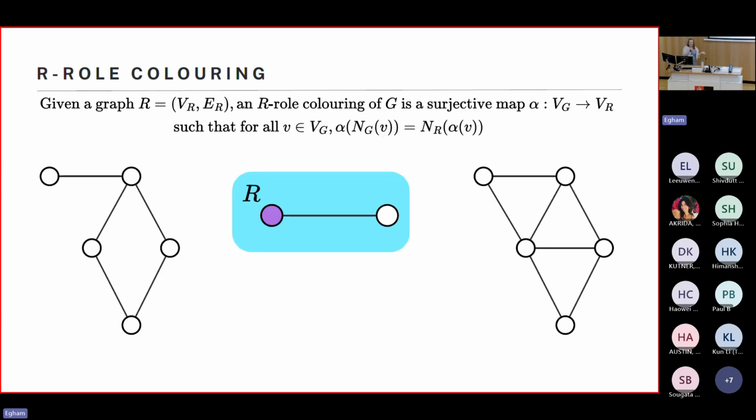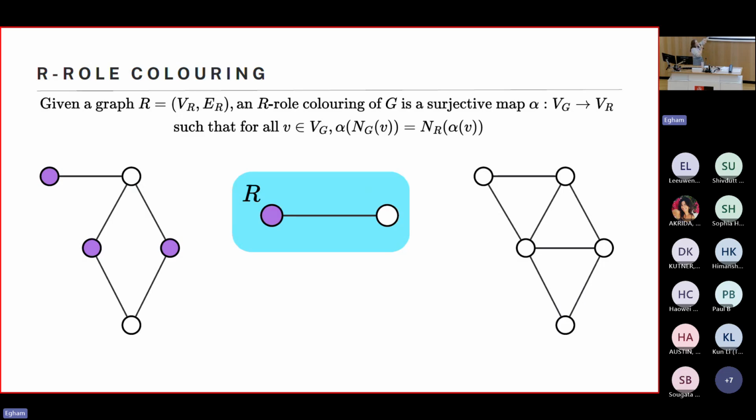So a nice, easy example is if your role graph is just these two vertices with two different colors, then you can color your big graphs by this role graph R if they are two colorable in this way. So our first graph, you can role color. And it's worth noting that it doesn't matter the number of vertices in your neighborhood that have these roles.